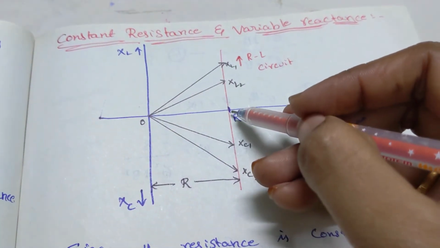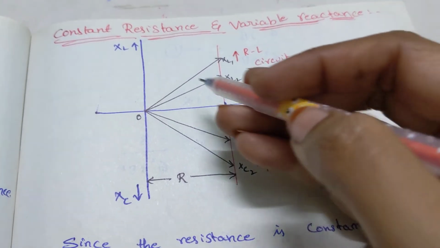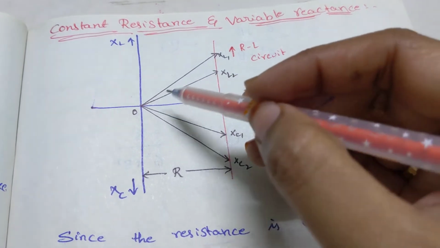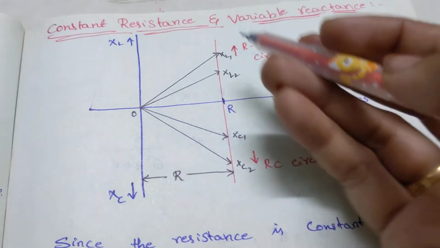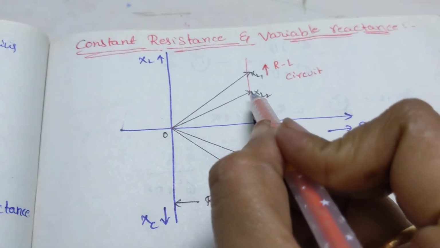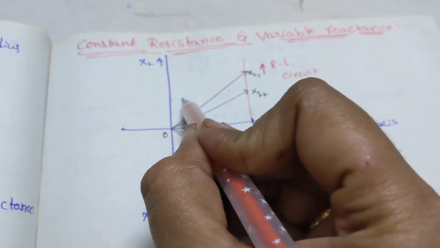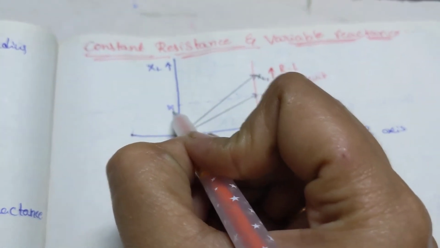In the RX plane, I am just fixing the R value. For a particular resistance, I am increasing the reactance. So here I assume a reactance value of XL1.